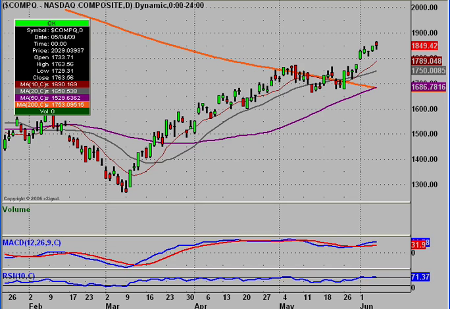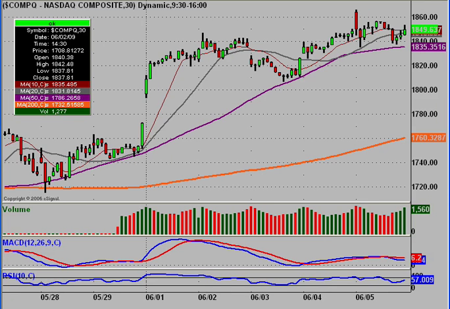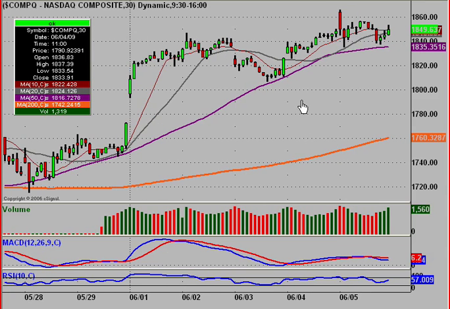Now let's hop back here to the 30-minute time frame. And what I am talking about on both the 30 and 60 is a negative divergence. So what does a negative divergence mean? Well, if you look at these highs right around here and correspond that to the MACD, look where the MACD is at. It's up here.